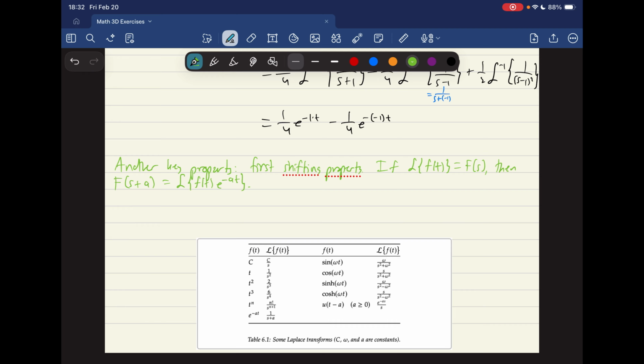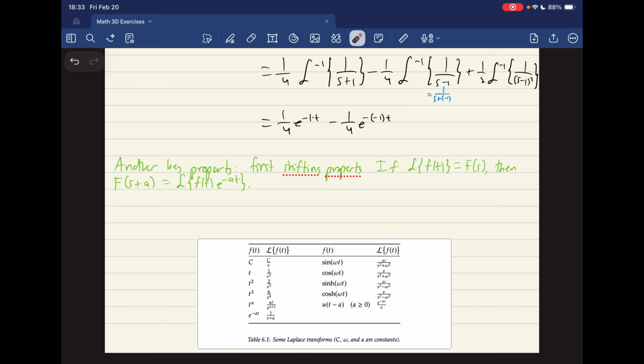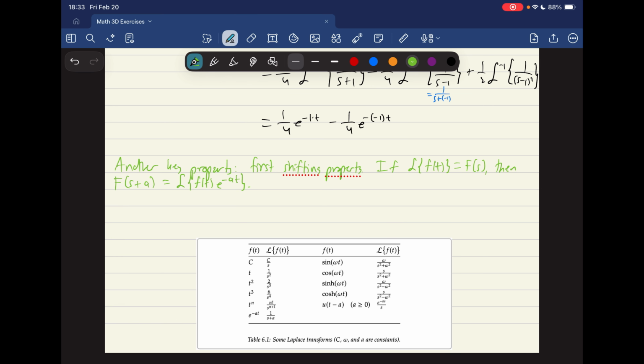Now this is cool, but how is this useful to us? Because here we have a Laplace transform, but we're computing an inverse transform. Well, here we just need to take inverses. Therefore, this is saying that the inverse transform of F of s plus a is nothing more than f of t times e to the minus at.